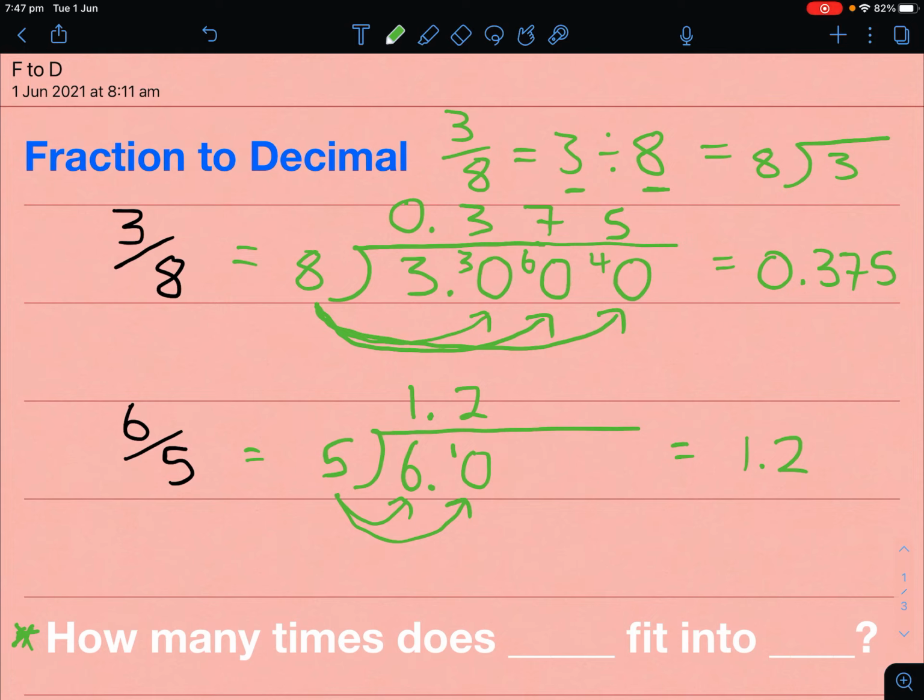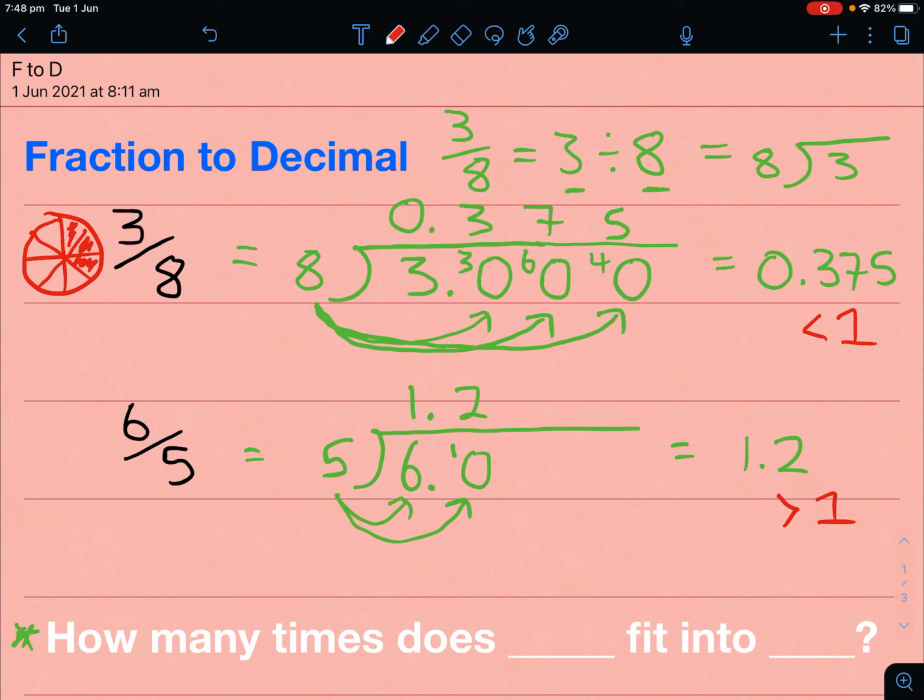So you can see in both these answers, we got a decimal number, but in the first one, our number was less than 1. So 0.375 is less than 1. In the second case, we got an answer which is bigger than 1. It's 1.2. And that kind of makes sense. If we look back at the original fractions, in this first one here, we had 3/8, which is 3 pieces out of 8.